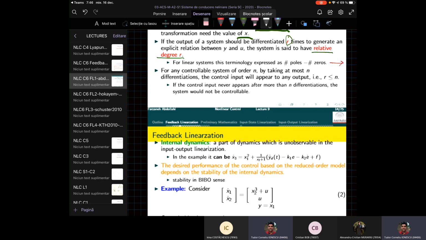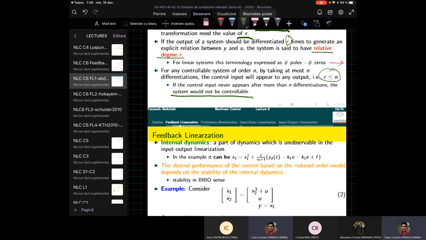That means that in general, the relative degree of a controllable system is less than or equal to the order of the system. If the control input never appears after n differentiations, the system is not controllable. So now we have another equivalent property for a system to be controllable.